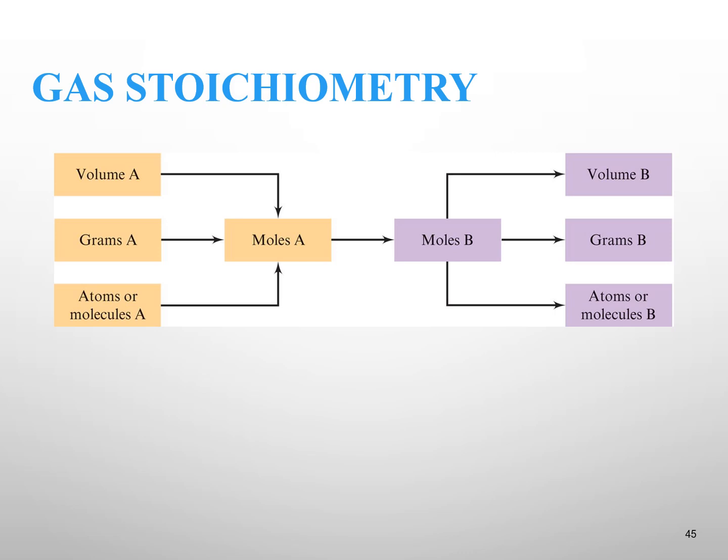So we have our original gas stoichiometry here. At first, we started off stoichiometry by taking grams, changing to moles, using the mole to mole ratio, and changing back to grams. And then we can also take atoms and molecules, change to moles, mole to mole ratio, atoms and molecules. We can also do volume of the gas to moles of gas, mole to mole ratio, and in turn into volume of the second gas.